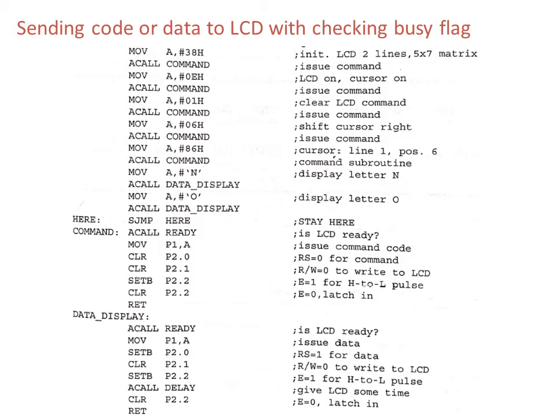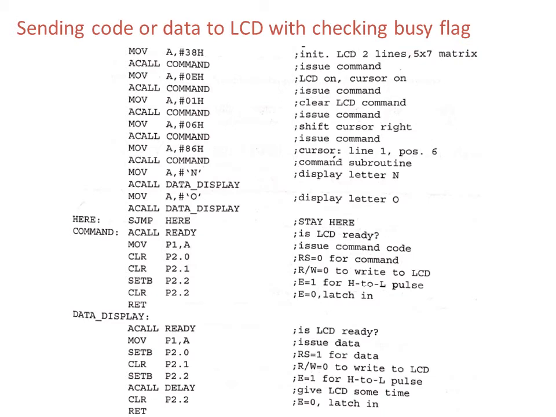SETB P2.2, enable, makes it high, then again clears P2.2, it makes it 0, low. So with this the copying operation, or the sending command operation, will be completed. But here we are interested in the first instruction of this subroutine, that is call ready.